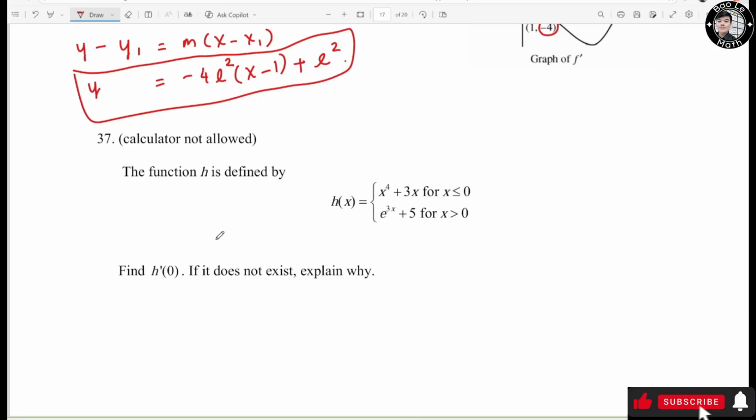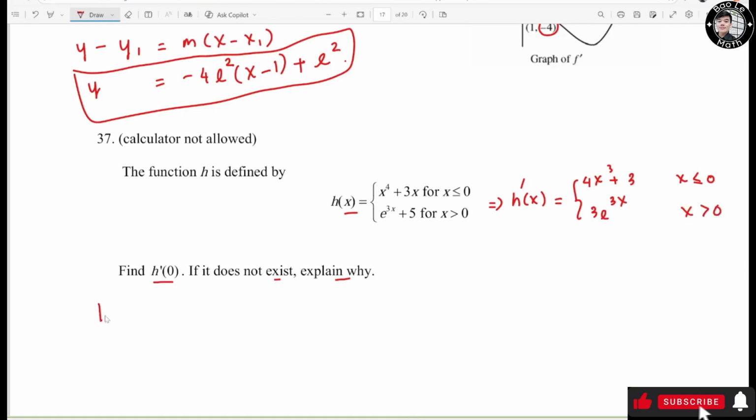Now let's move on to the last question. The function h is defined by this one. Find h prime of 0. If it does not exist, explain why. First you need to take the derivative of this function. So we have h prime of x equals 4x cubed plus 3 for x less than or equal to 0, and 3e to the 3x for x greater than 0.